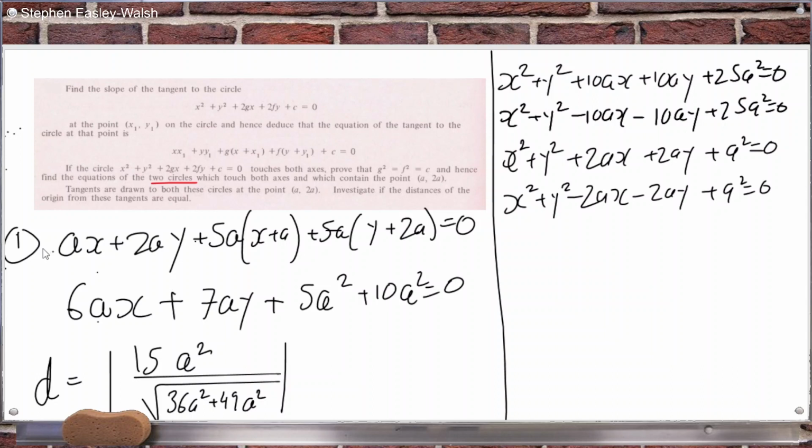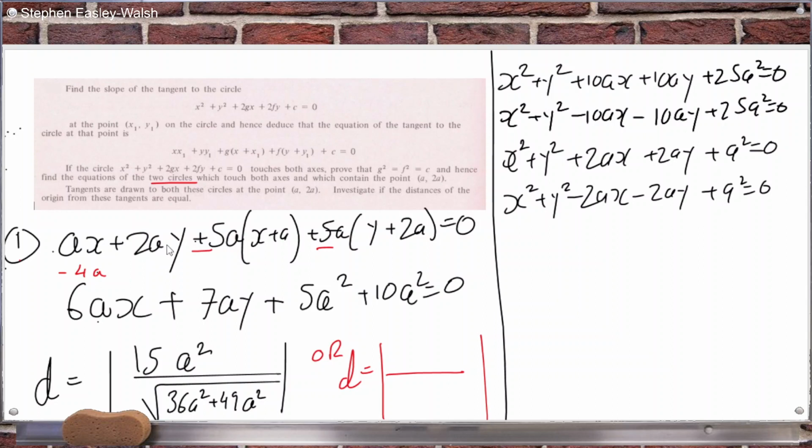Now if I was to change the sign, so that would mean on the f and the g, that would become minus and minus, or d equals square root over, okay, so minus 5a, so that would make ax minus 5ax, so that would become a minus 4a.